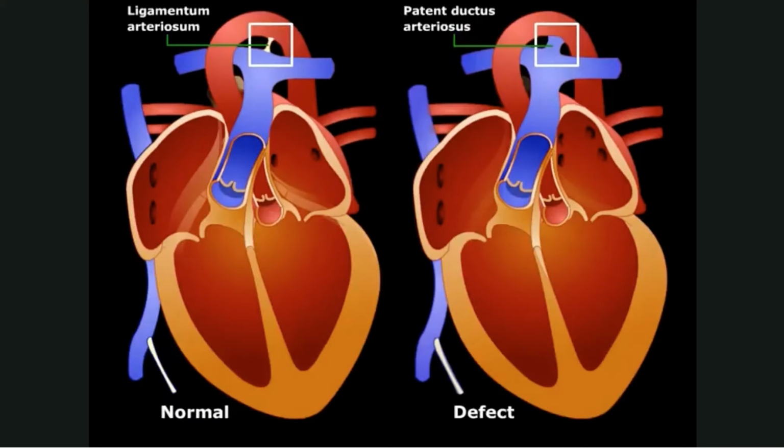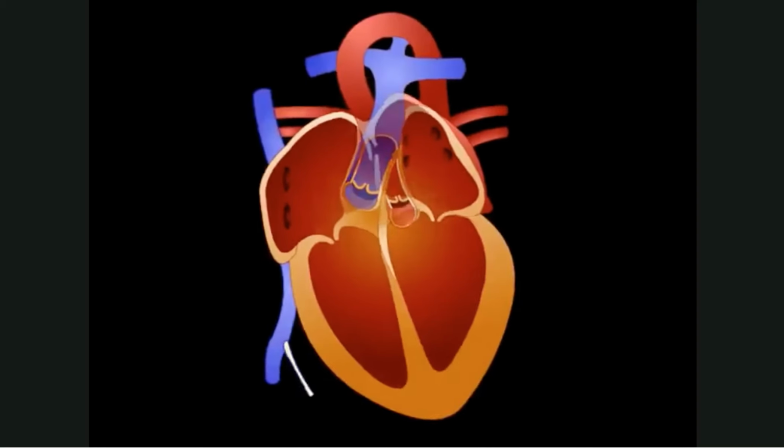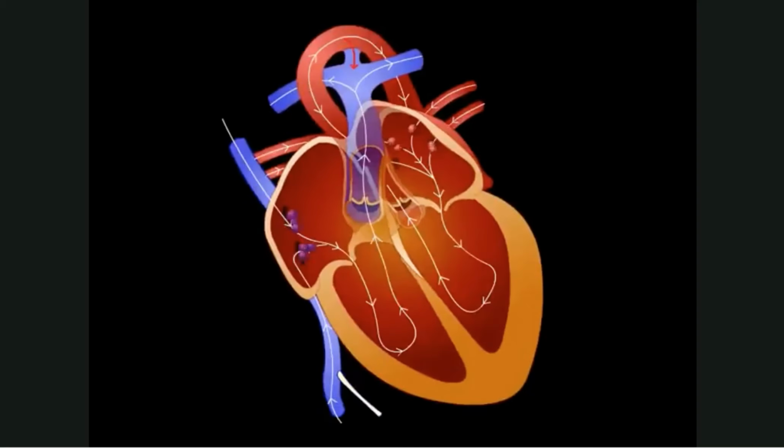The ductus arteriosus may remain patent in certain conditions, such as preterm delivery, congenital rubella syndrome, and chromosomal abnormalities. Due to the pressure gradient between the aorta and the pulmonary artery, the blood will flow from the aorta into the pulmonary artery.